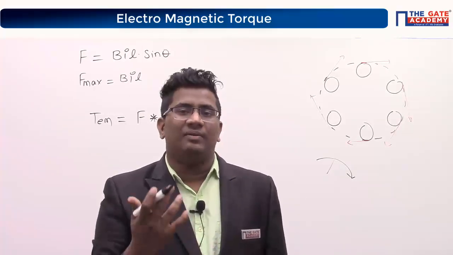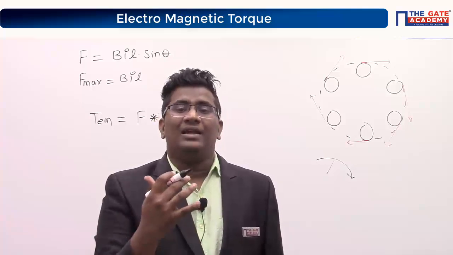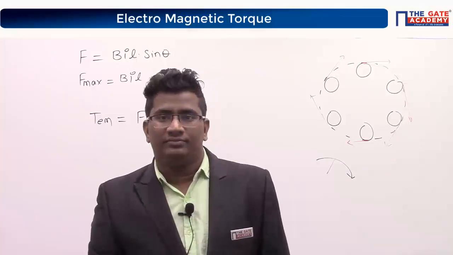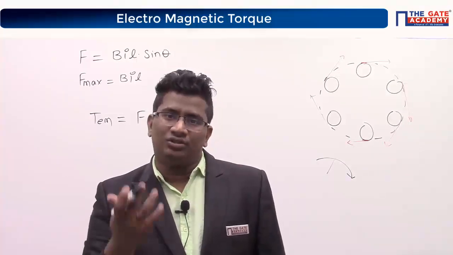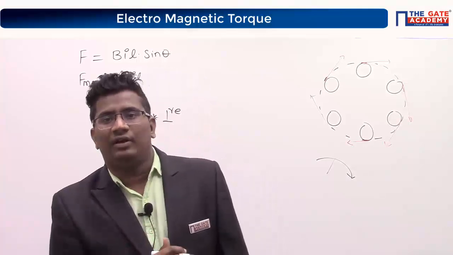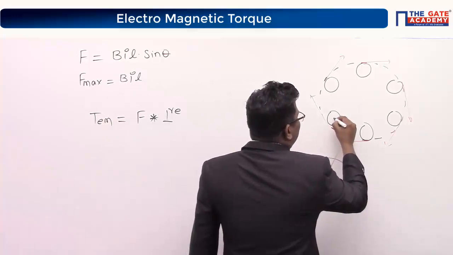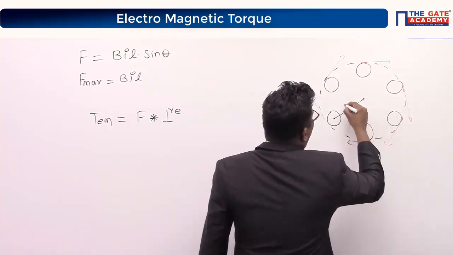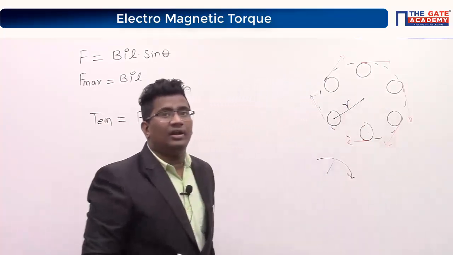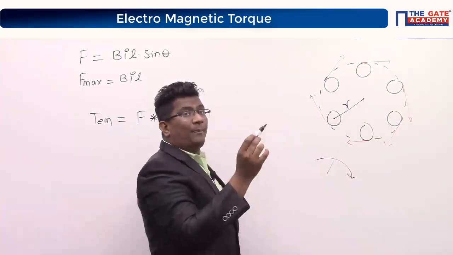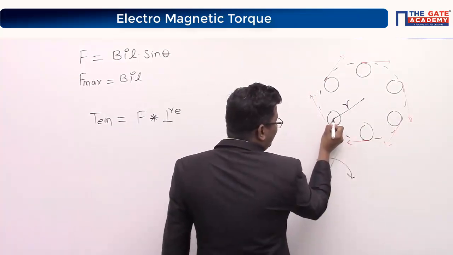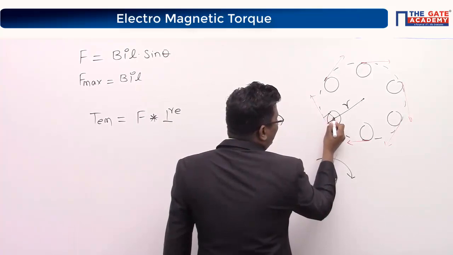That perpendicular distance is from where to where? Is it from earth to sky? Concentrate here. It is the perpendicular distance from the force acting on the conductor to the center of the rotation. Are you getting my point? Look here, this is the perpendicular distance.